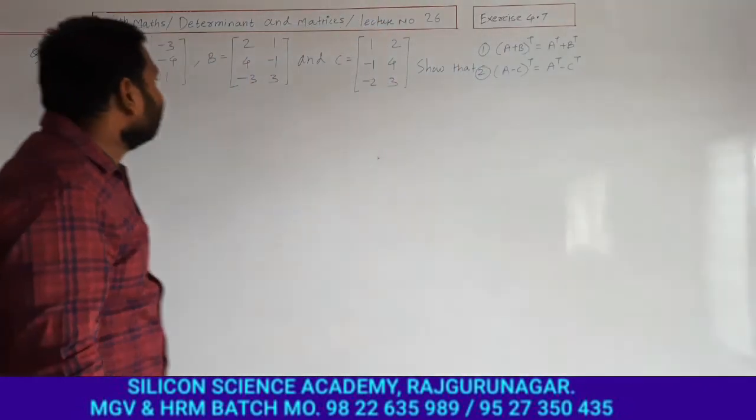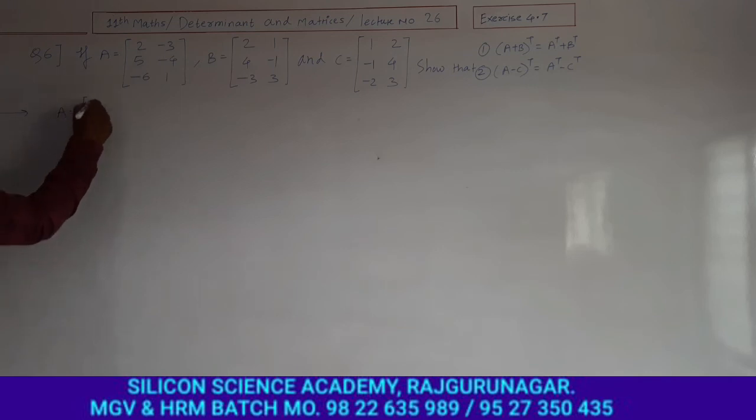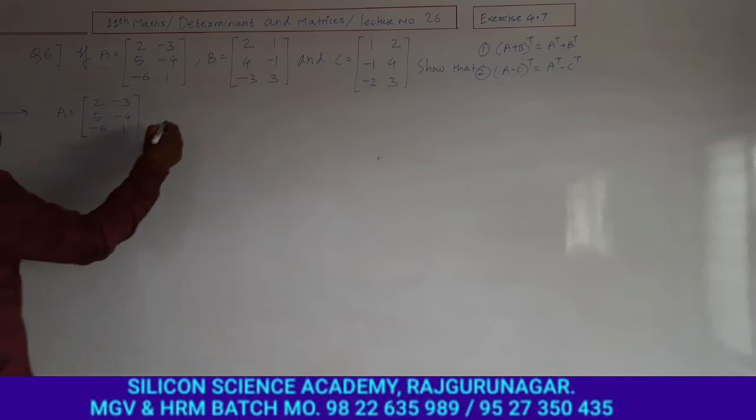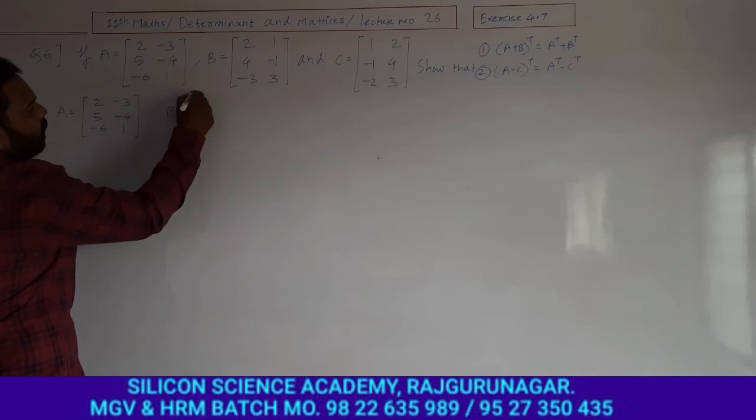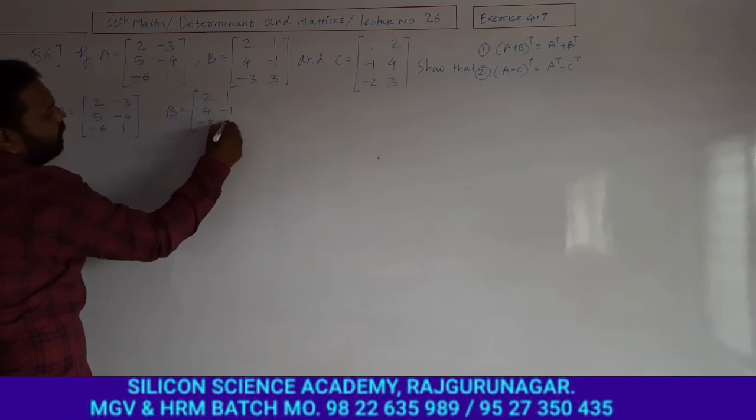It is very easy. Let's first do the answer. A matrix is 2, minus 3, 5, minus 4, minus 6, 1. This is A. What is B? B is 2, 1, 4, minus 1, minus 3, 3.